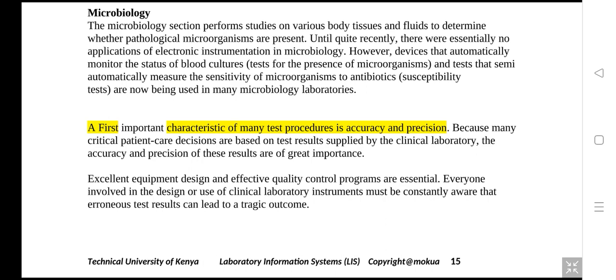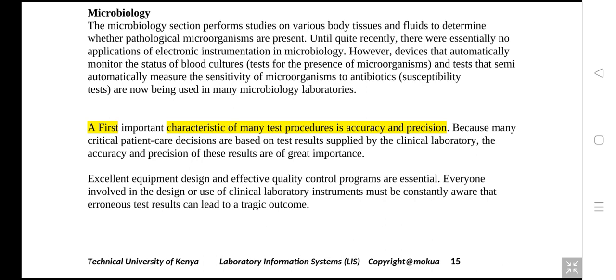Because many patients are critical, excellent equipment design and effective quality control programs are essential so that we can achieve this accuracy and precision, and to guarantee the accuracy and precision of our results.